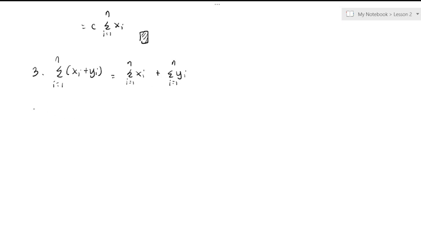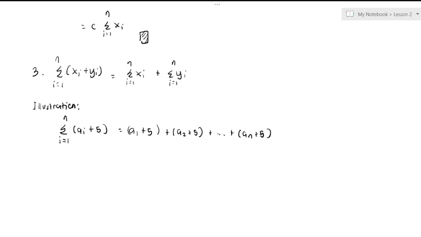Okay, so for our illustration, let's have summation of a sub i plus 5. So, i-expand muna natin. So, this is a sub 1 plus 5 plus a sub 2 plus 5 plus up to a sub n plus 5.